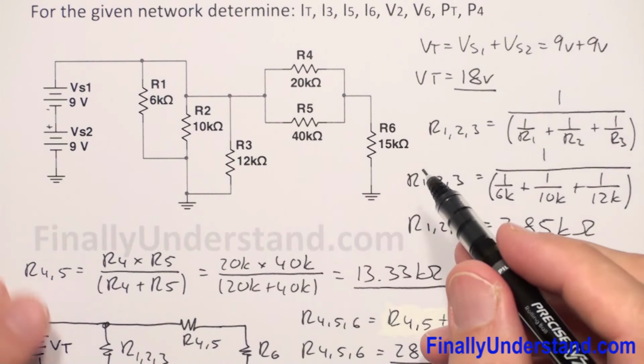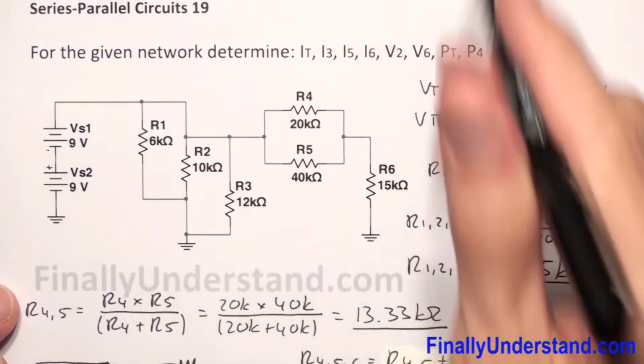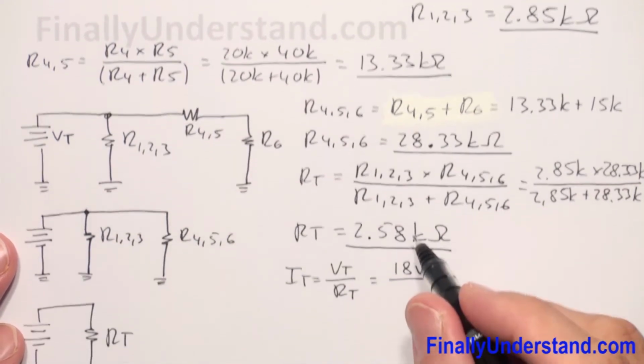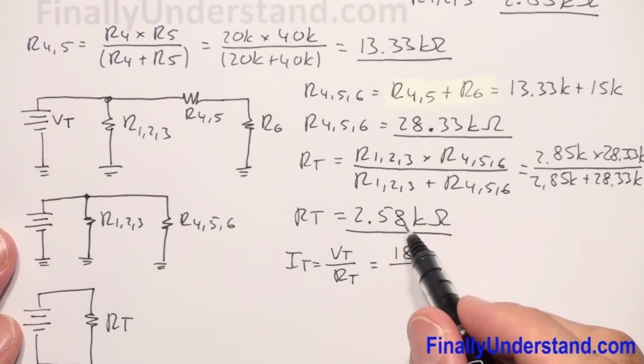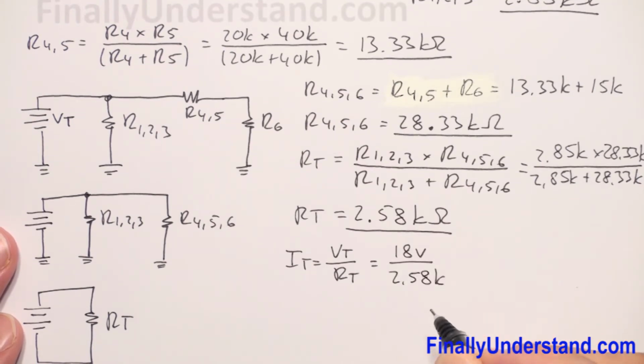Next, we're supposed to find the total current. Okay, I have to find the total current, I total. In order to find I total, I simply use Ohm's law. I total is equal to voltage total over R total, where voltage total is equal to 18 volts over R total, which is equal to 2.58K.